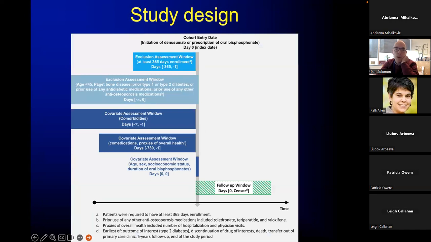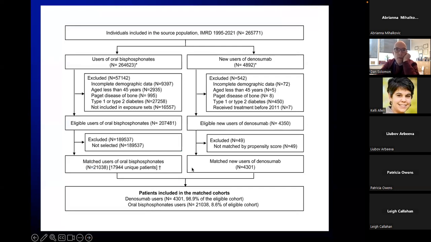So we created the same figure that I showed you before, where we look at the inclusion and exclusion windows. We define covariates, and then we define the exposure status, and then we have this follow-up window here. And we think about our population. Here's the users of oral bisphosphonates. That's going to be the contrast against people who use denosumab.